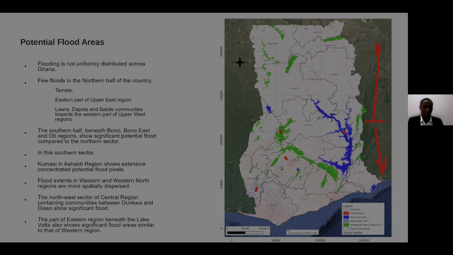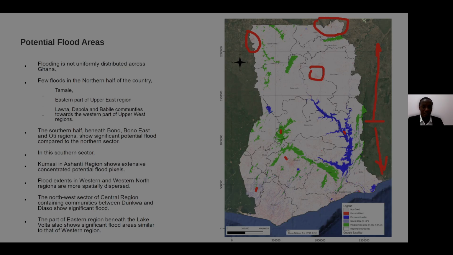In the upper part also we see that some communities have concentrated flood areas, like Tamale, the eastern part of Upper East, and Laura, Dapola, and Babylon communities on the western part of Upper West.